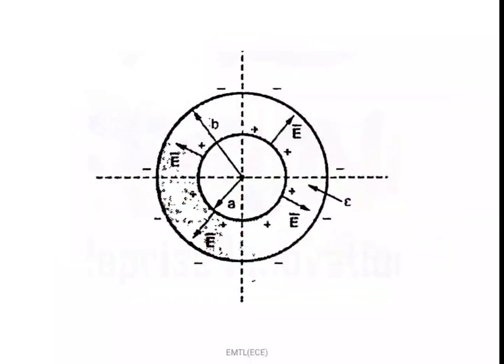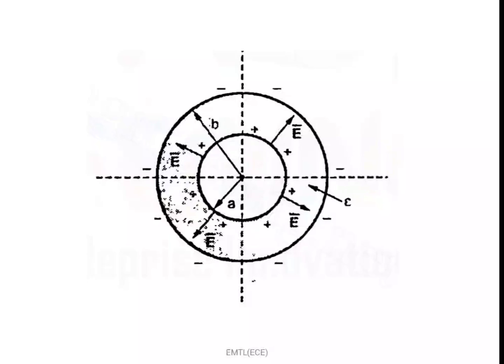Here these are the two concentric shells, the inner shell having radius A, the outer shell having radius B, and the medium between the two shells is a dielectric medium having a permittivity epsilon. The inner shell is positively charged, the outer shell is negatively charged.